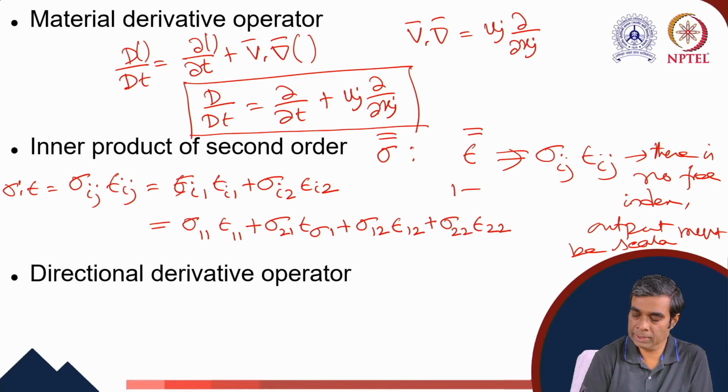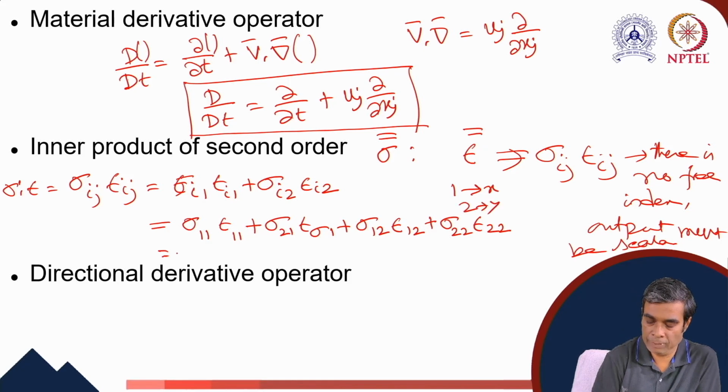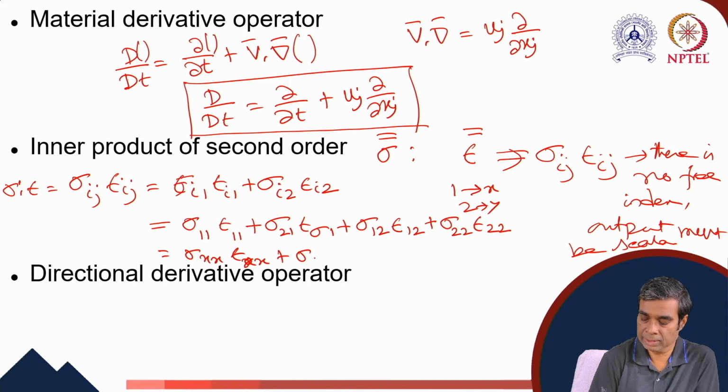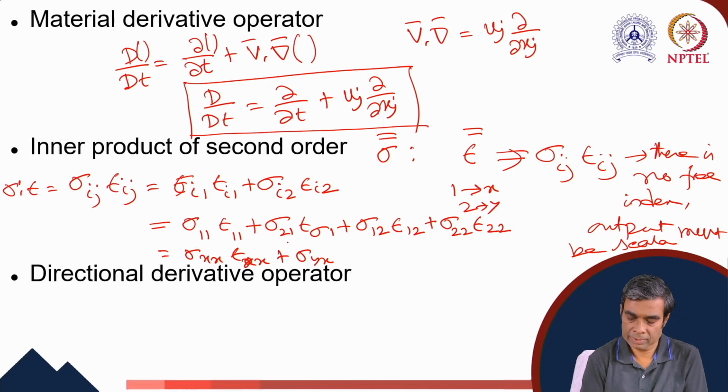Now replacing 1 by x and 2 by y, the final expression will be sigma xx epsilon xx plus sigma yx epsilon yx. Here it was sigma 21 epsilon 21, so it is sigma yx epsilon yx.